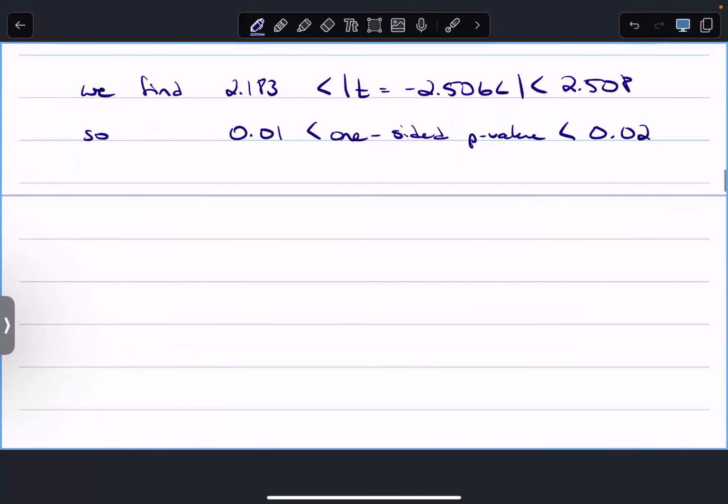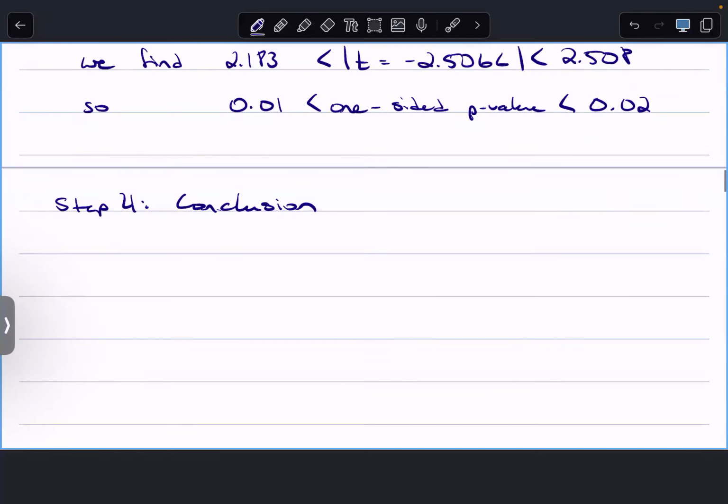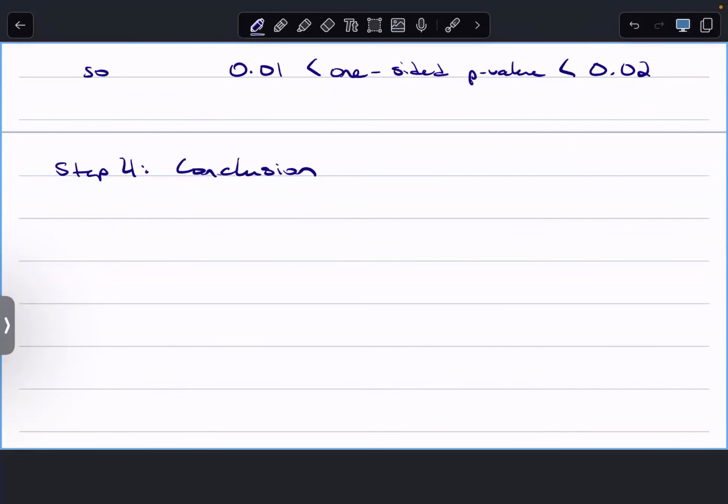Because now we can state our conclusion. Step 4 is our conclusion. Show off all the things that you know and all the things that you're keeping track of, right? First thing, compare your p-value to your alpha level. So since the one-sided p-value, throw that in there.